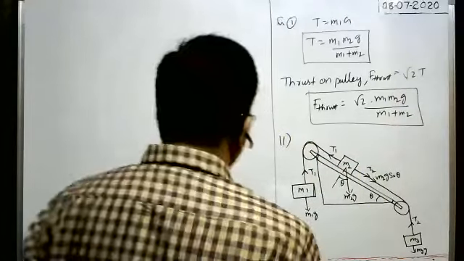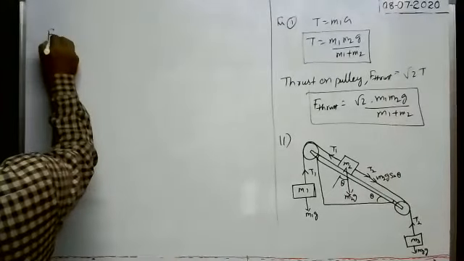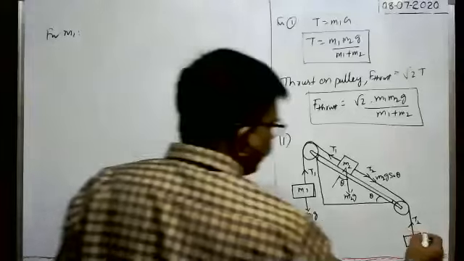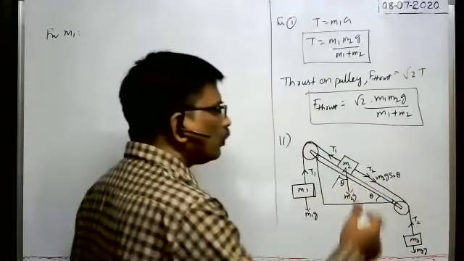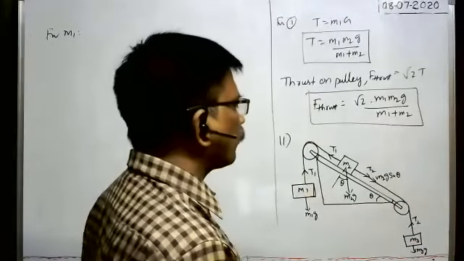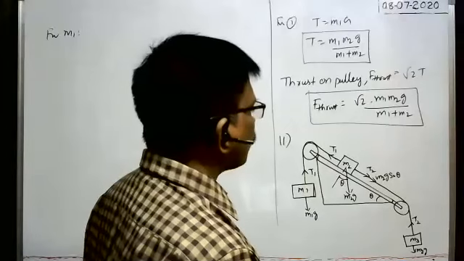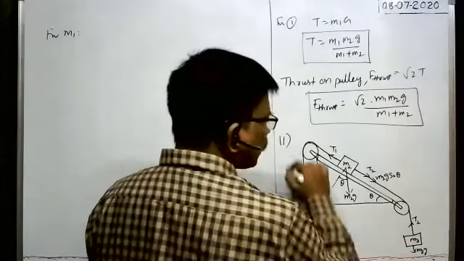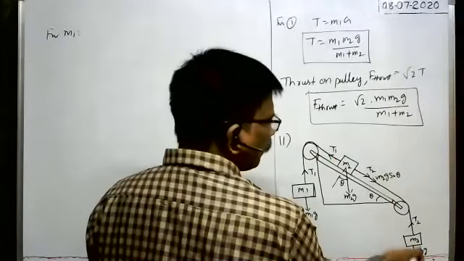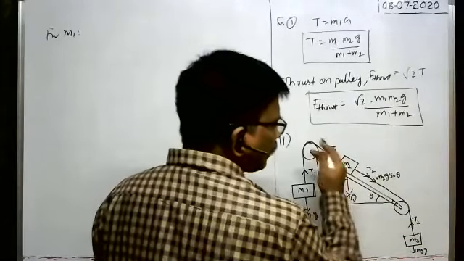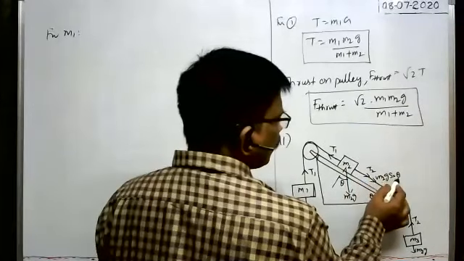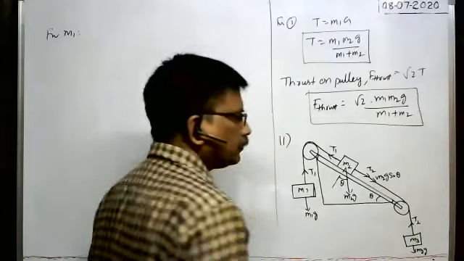Now for the first block, for block M1, which block will move? In which direction will the blocks move? You see, along this path, the total force acting in this direction is T2 plus M2g sin theta plus M3g.